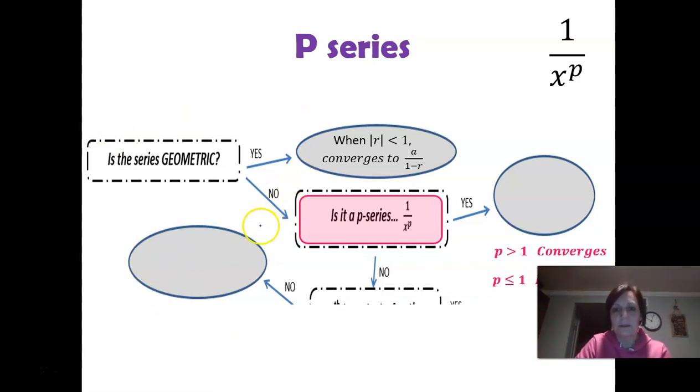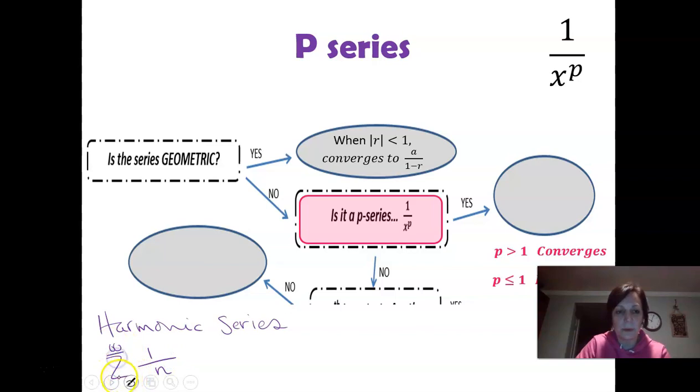The other thing that comes up for me here is that there is a very special series called the harmonic series. And we've already seen it. The harmonic series is 1 over n, simple as that, starting at n equals 1.